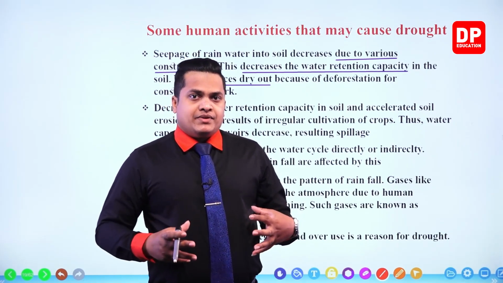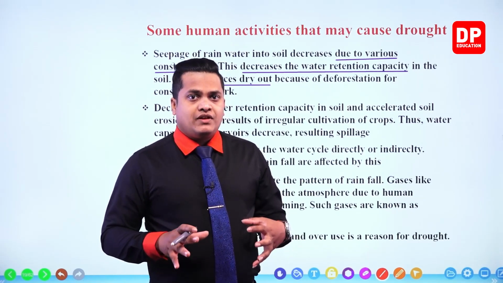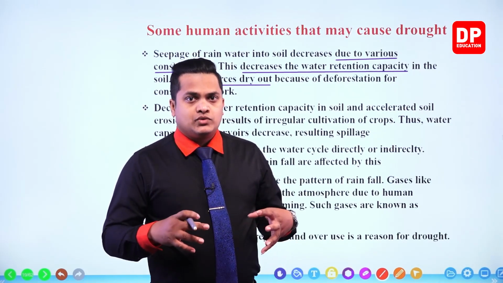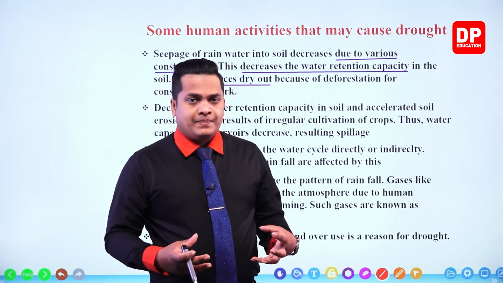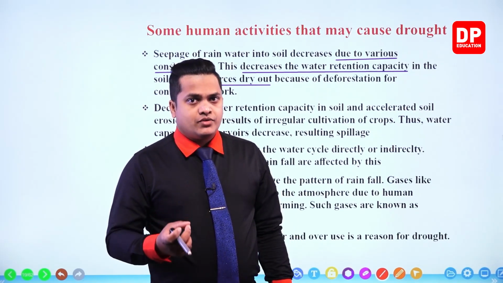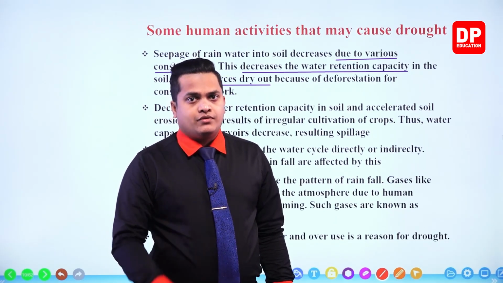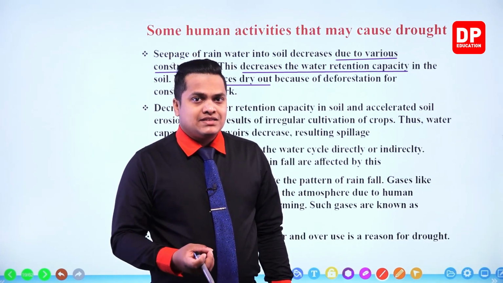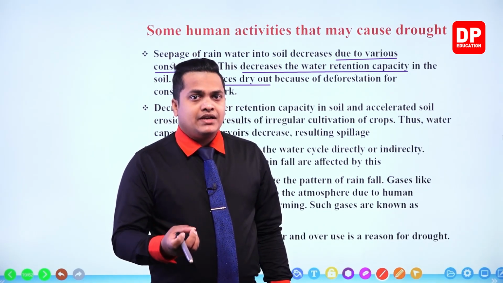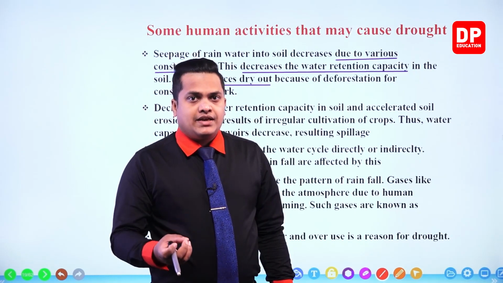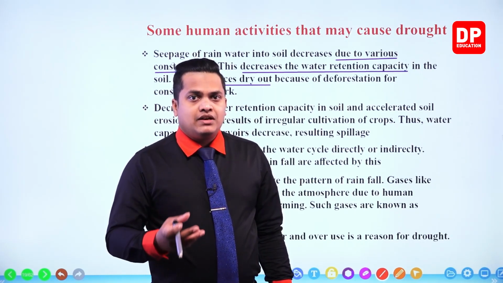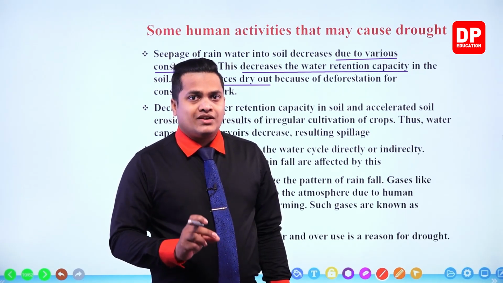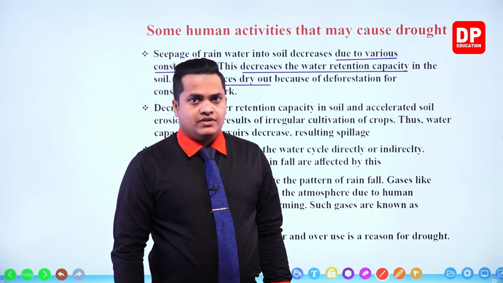A particular person is now going to fill that swamp, close the entire swamp using soil, and create a new construction over it. A swamp is a place that has plenty of water. The water retention level at a swamp is very high. Lots of water is retained within the soil there.